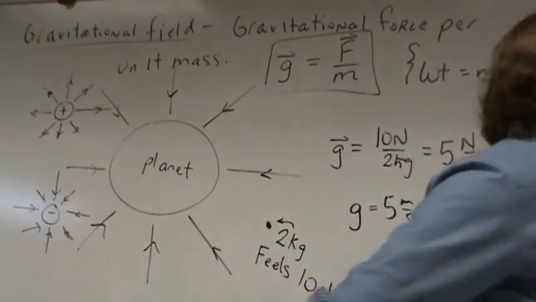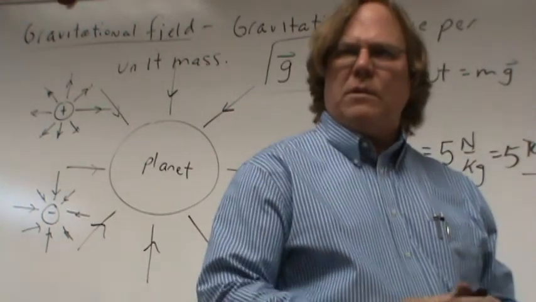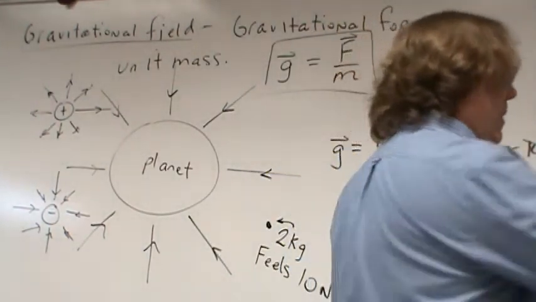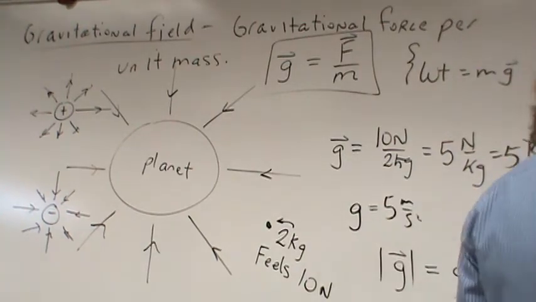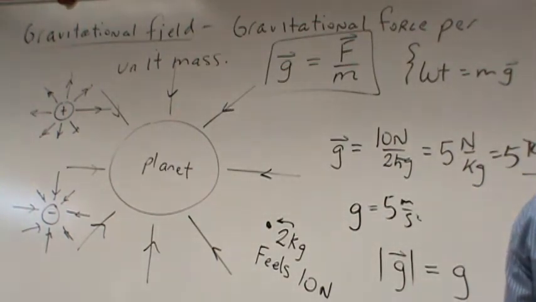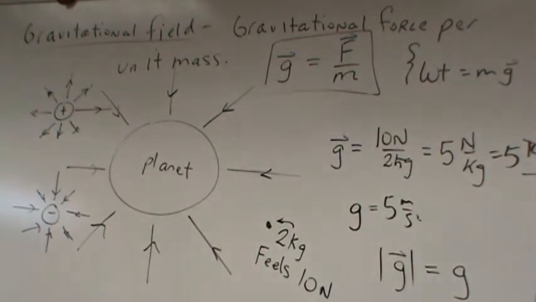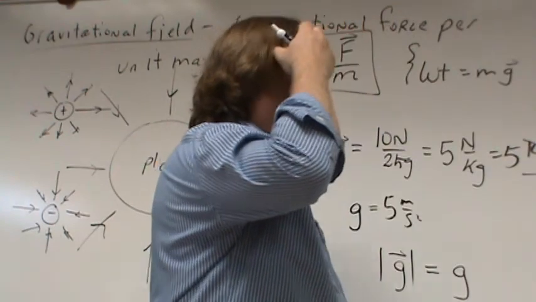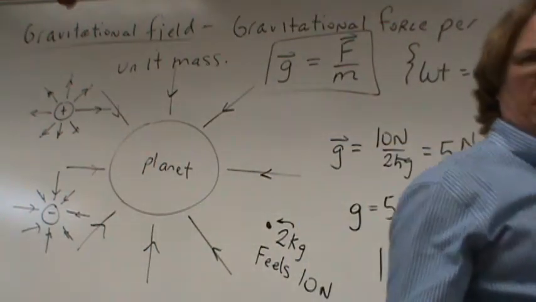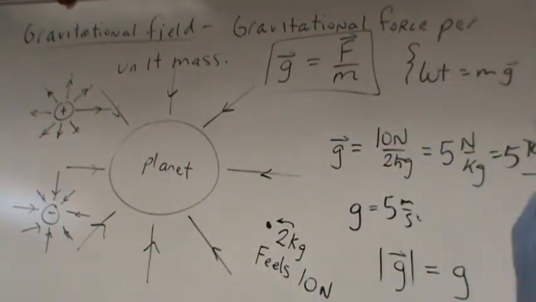And now I'm going to get an equation for the force on that little test mass. Remember, this here is Earth, so that's going to be the mass of the Earth. So let me just go ahead and put gravitational field equals force per mass. The force on this mass is going to be given by Newton's law of universal gravitation.